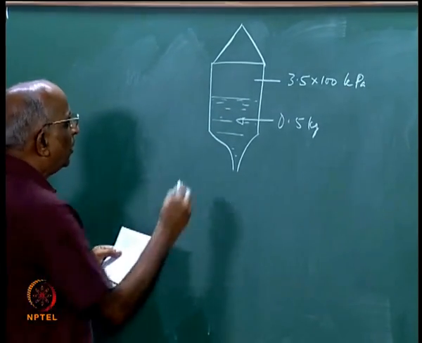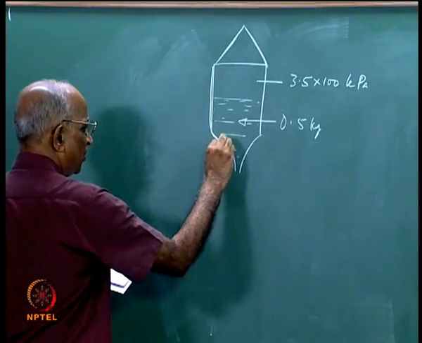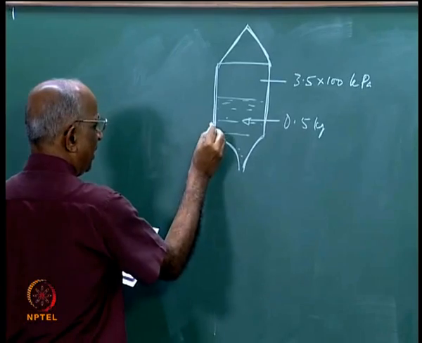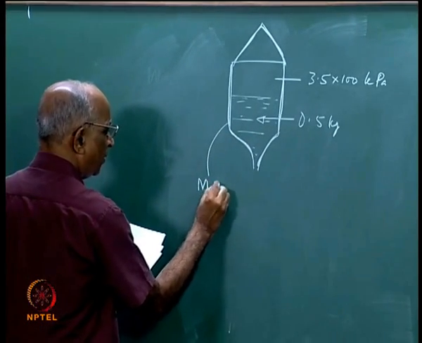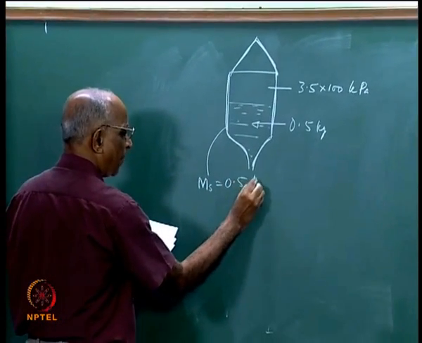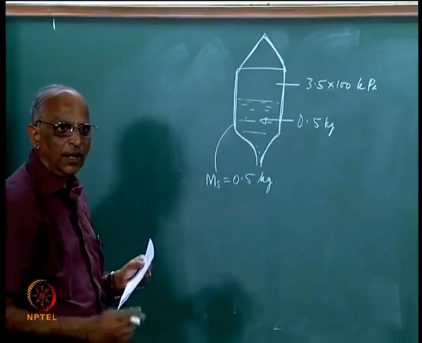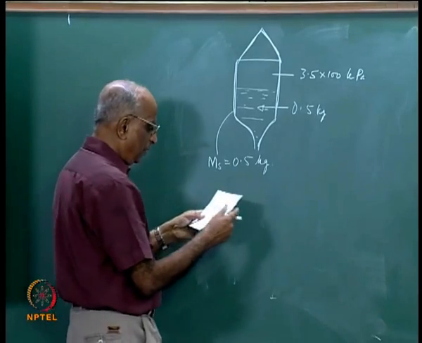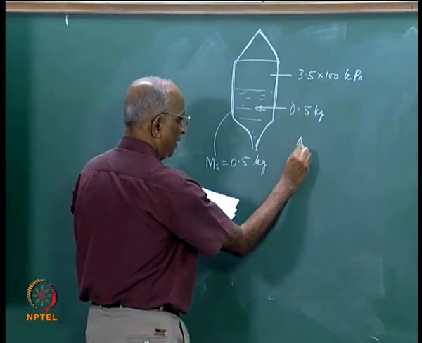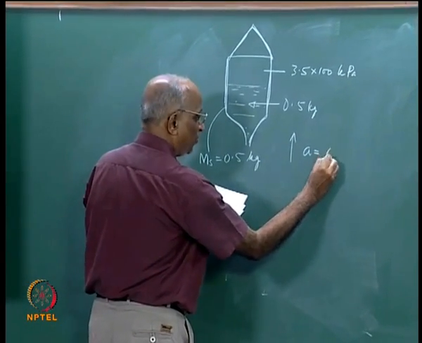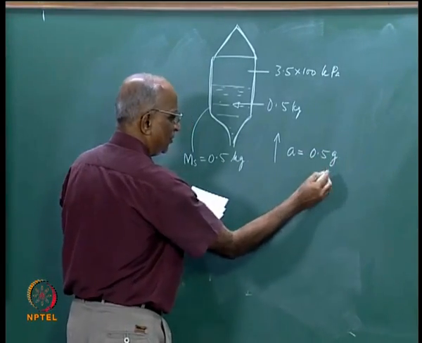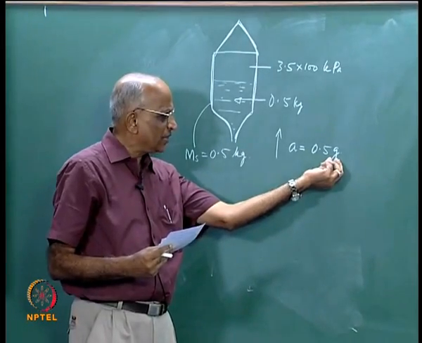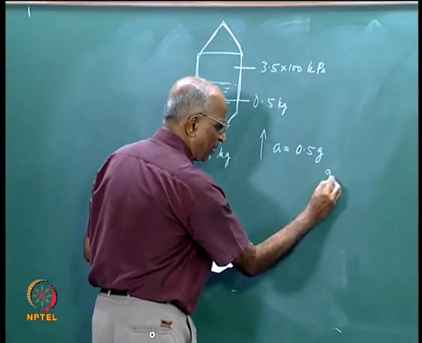It is also told that the mass of the bottle, that is the structure, all these things put together, is again 0.5 kg, and all we are interested to know is, we would like the rocket to leave with an acceleration of 0.5 g, where g is the Earth's gravitational acceleration, 9.81 meter per second square.